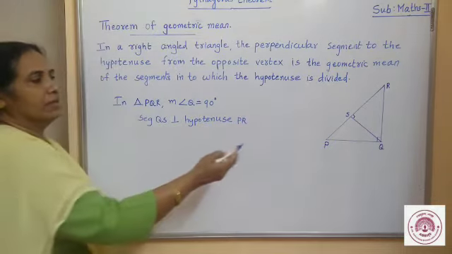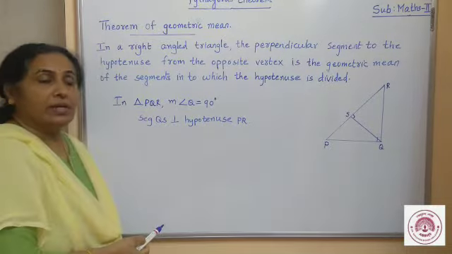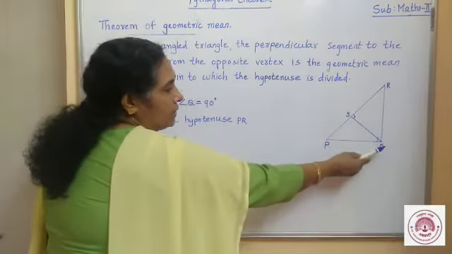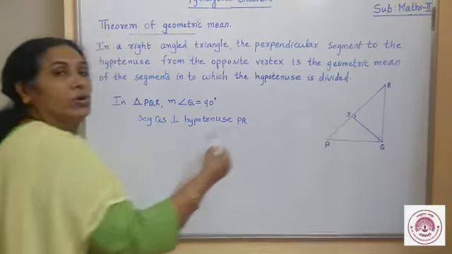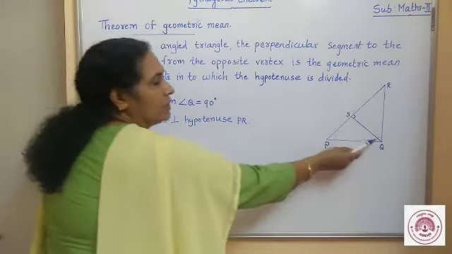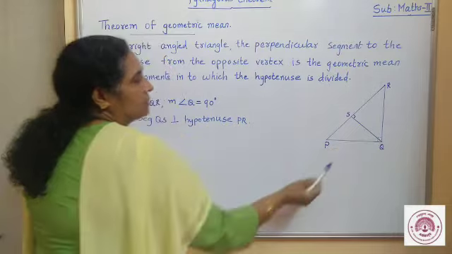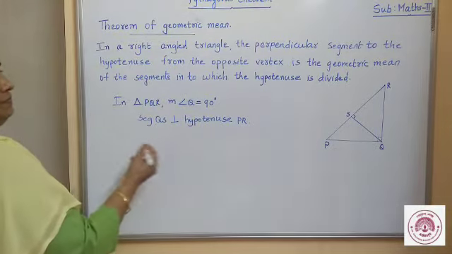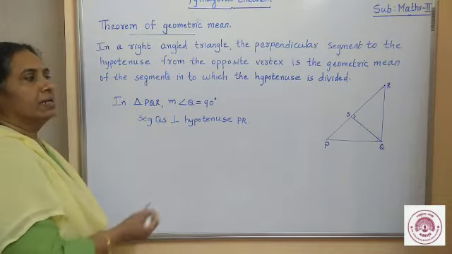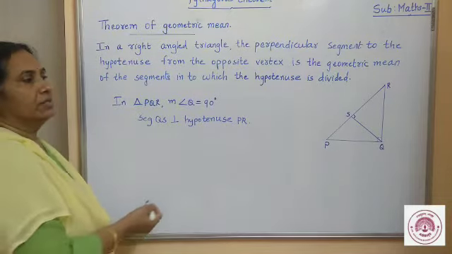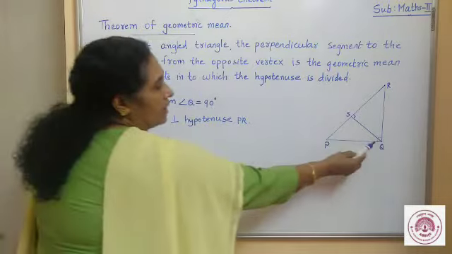So what is given here? A right angle triangle PQR, right angle at Q, and QS is the perpendicular segment drawn to the hypotenuse from the opposite vertex.